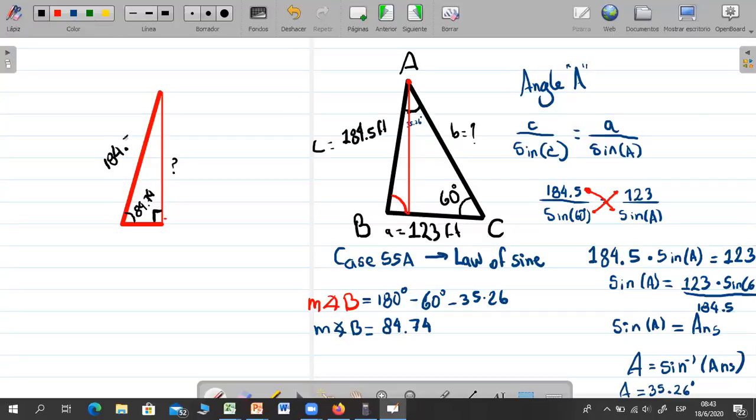So look, what you have in here is a SOHCAHTOA exercise. You should look for it, review it, and conclude what the answer is in here. You have the angle of reference, 84.74. You have one side, which is 184.5, and you want to conclude this one, the missing one. Probably someone will think that it's possible to use the law of sine in here, and it is possible, because you know the right angle is 90 degrees.